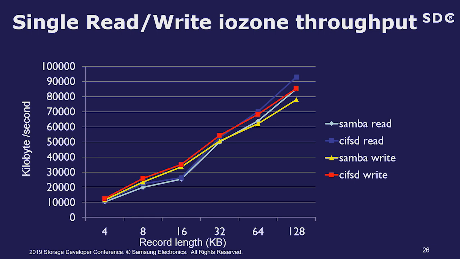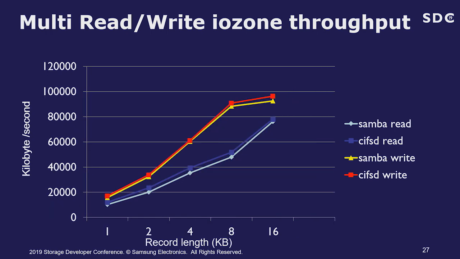This is a single read write Jeon result. It showed that CIFSD was 4% to 10% faster. This is a multi-read write Jeon result. This shows CIFSD was 3% to 15% faster.